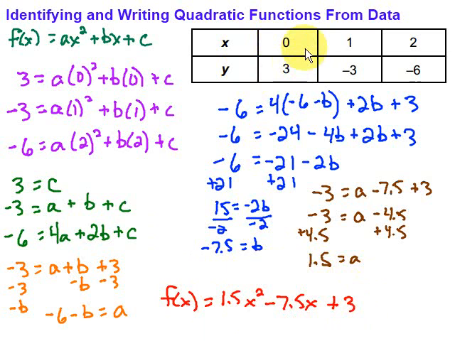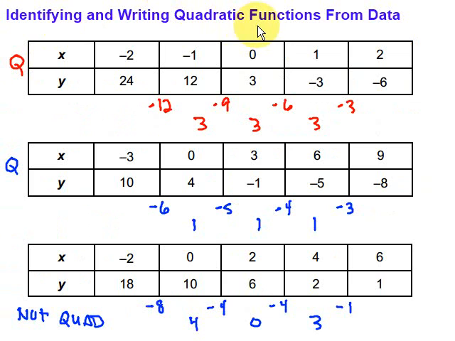So quickly to review, if we want to identify quadratic data, what we want to do is look for the second difference, and the second difference of the y values has to be constant. If it is, it's an example of a quadratic situation. Also remember that the x's need to be constant. So second differences are really key.